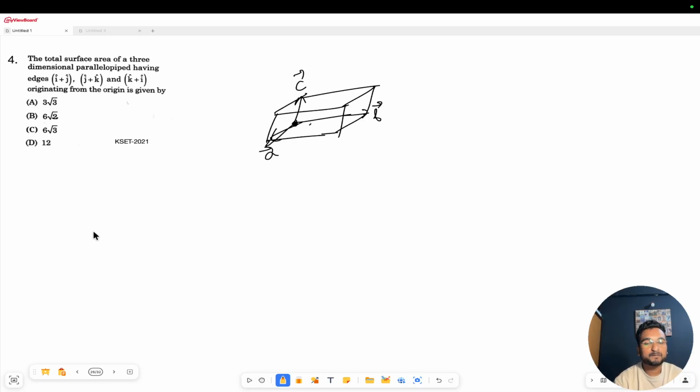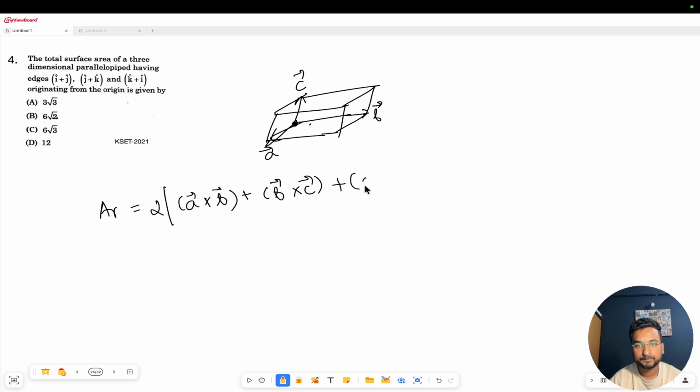So the total area of this parallelepiped will be 2 into the magnitude of A cross B, plus A cross C, or C cross A, anything is okay, and then plus B cross C. Doing this you will get the area.